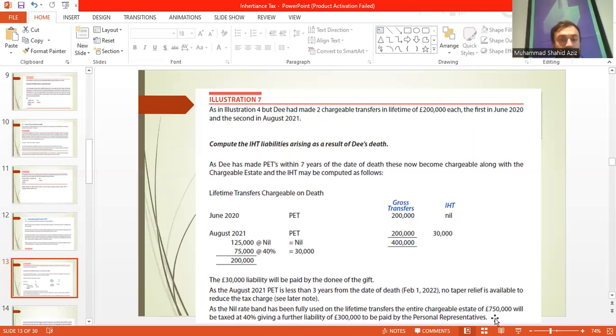Now here, in the previous example that we did, we said that the death estate was 750,000. In this case, we assume that they made a gift during life. Can you see the nil rate band we have already used? There is no nil rate band available now. So it means all of the 750,000 property will be taxed at 40%, unfortunately.